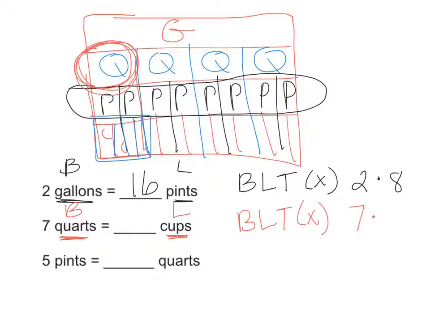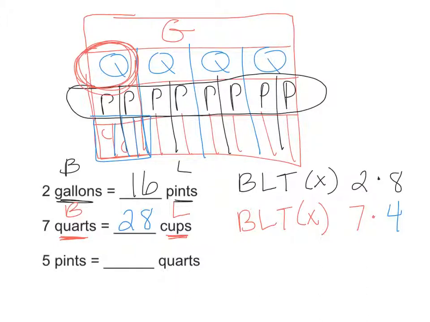So if 1 quart has 4 cups, I want to multiply by 4 to figure out how many cups are in 7 quarts. So 7 times 4 is 28 cups. So if I have 7 quarts, that's the same as 28 cups.